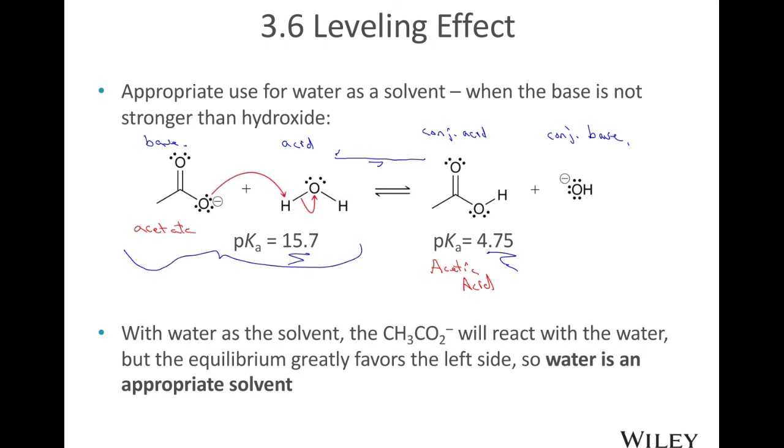So that means that with water as a solvent, the acetate will react with water, but the equilibrium greatly favors the left side, so water is an appropriate solvent to dissolve acetate. There we go. Because, again, we could frame it as the acetate ion is a weaker base than hydroxide.